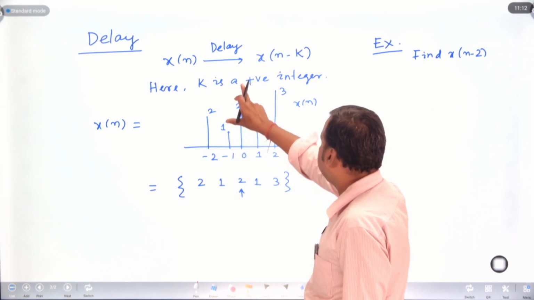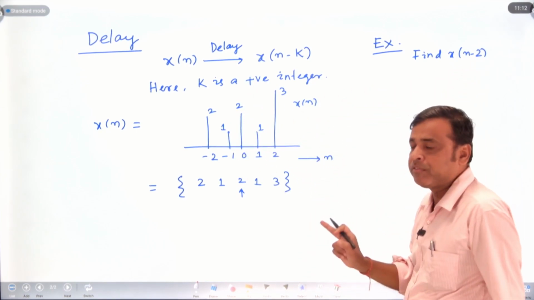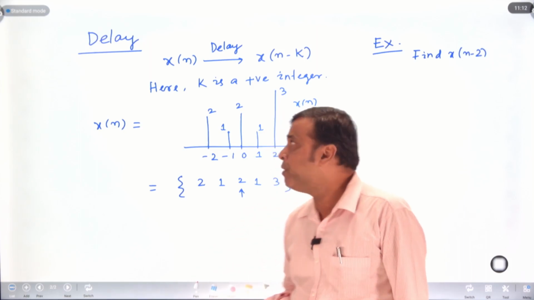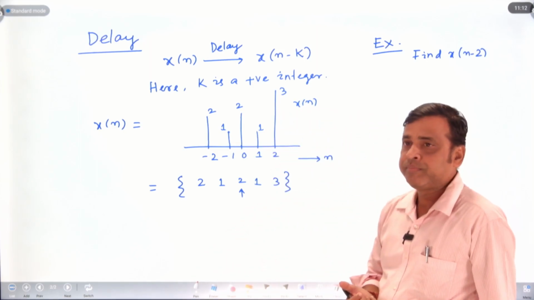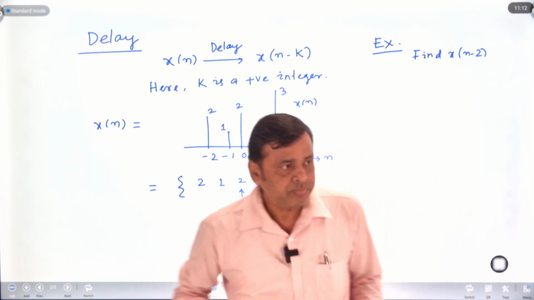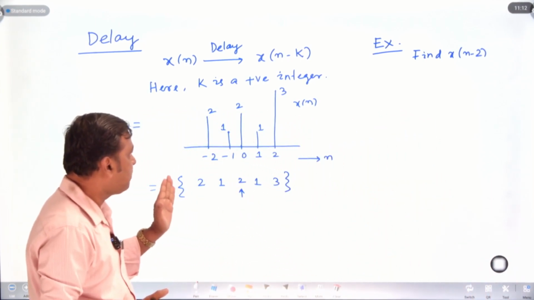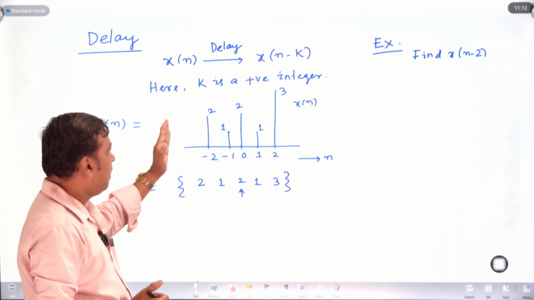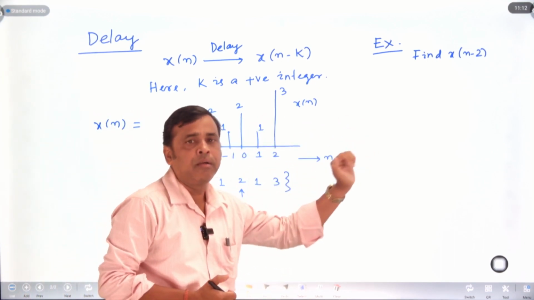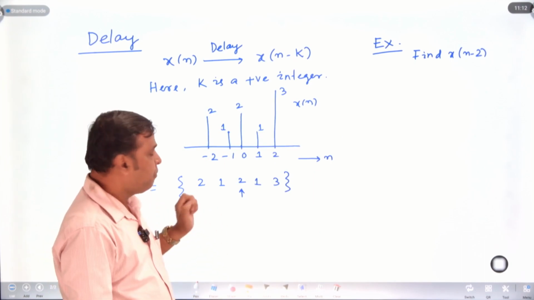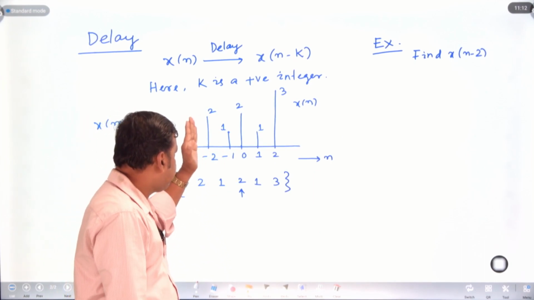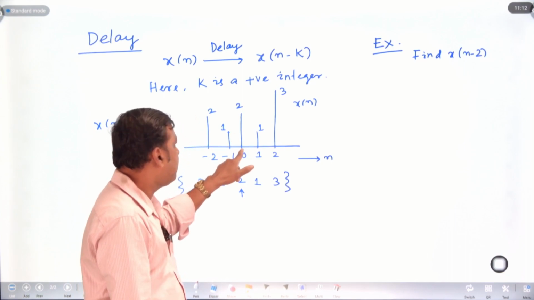So if the original signal is delayed by 2 units of samples, what will be your resulting delayed signal? That means each amplitude of the signal will be shifted towards the right by 2 units of samples. For example, whatever the value at n equal to -2 will appear at 0.